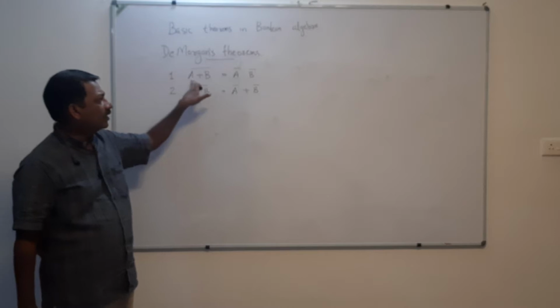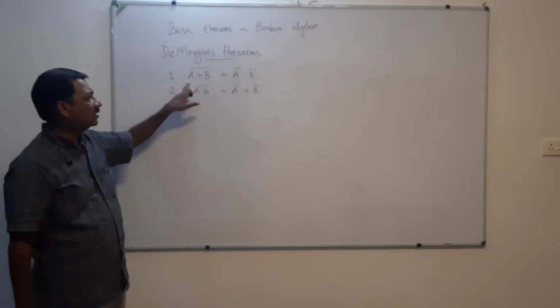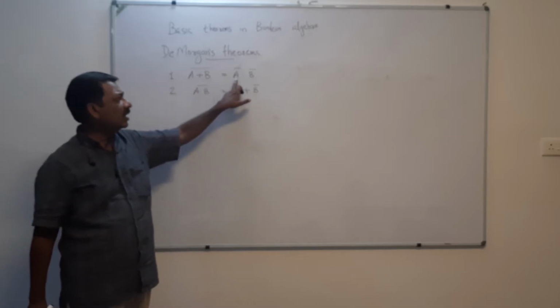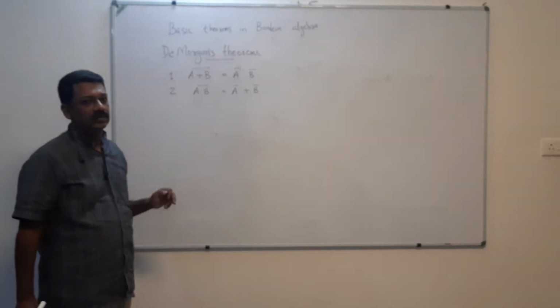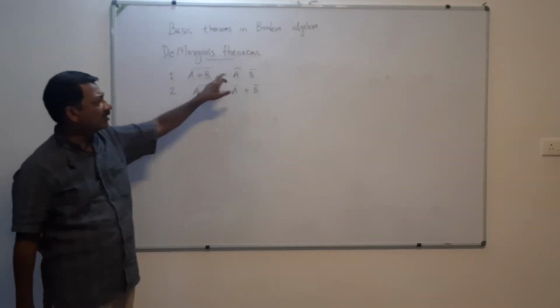From this, how do we write this? Initially the literals are A and B, and here the literals are A bar and B bar. Here you have replaced each literal A and B with its complement.